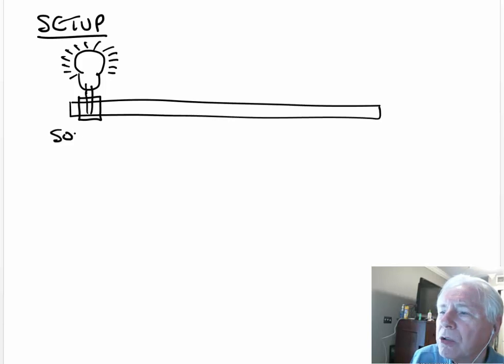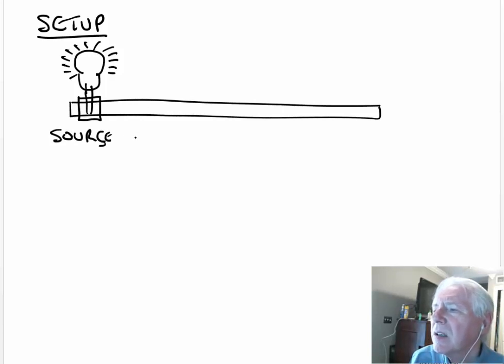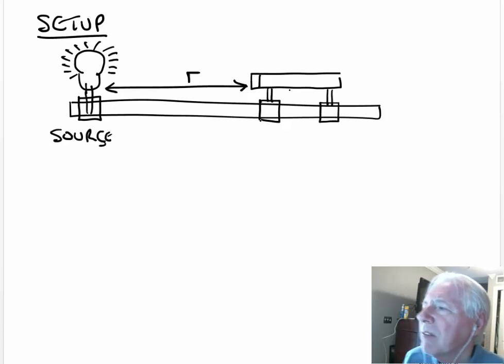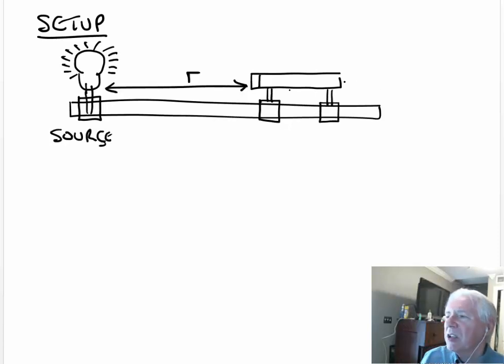So there's my source, and then here's my R, and then here's my detector. And that's also on a little stand, actually. It's on two little stands. Makes it a bit of a pain to move around, so we move the light source rather than the actual detector.